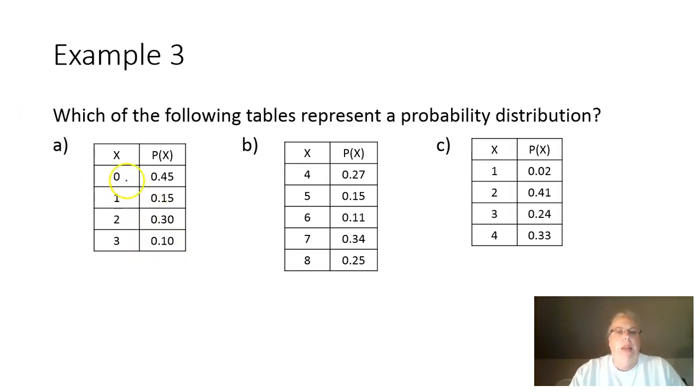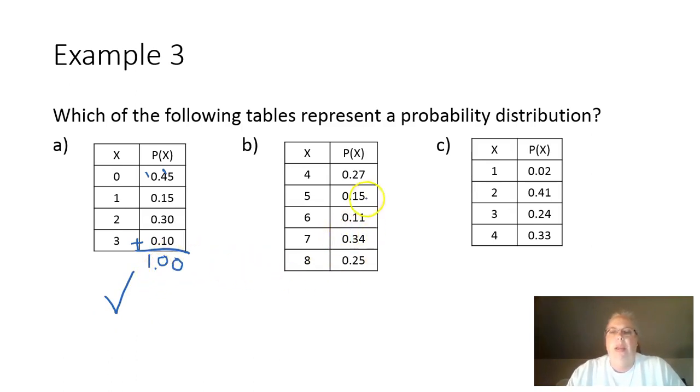Alright, so in A, all of our probabilities here, they are bigger than 0 and they're smaller than 1, so that's okay. Alright, let's add these together here. 5 and 5 is 10, and then 5, 6, 7, 8, 9, 10, and then you carry the 1 over here. This adds up to 1, so this is a probability distribution because the probabilities add up to 1.